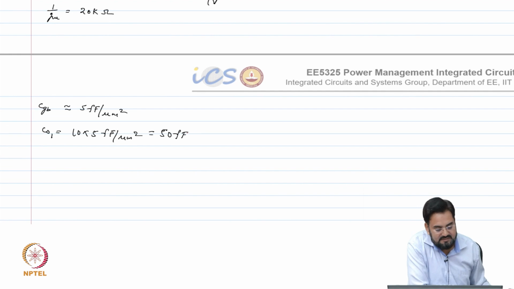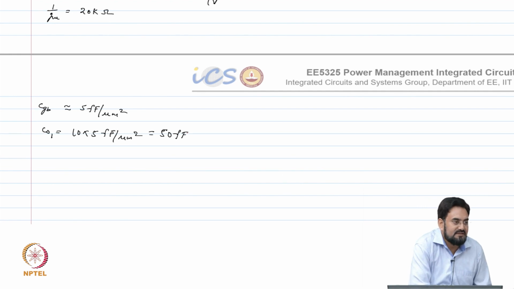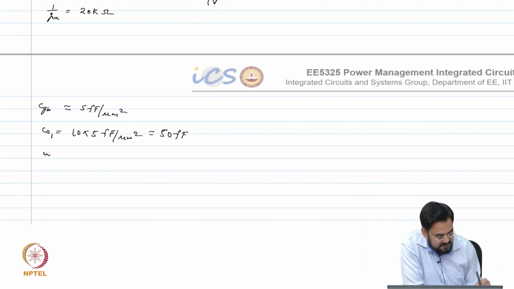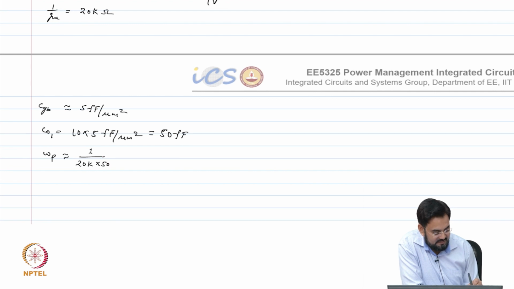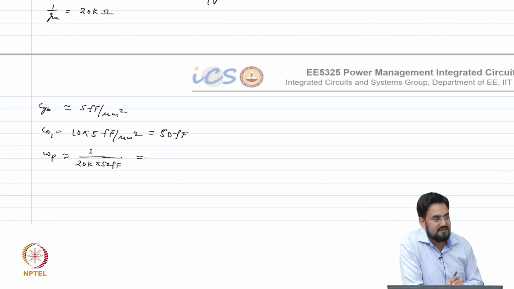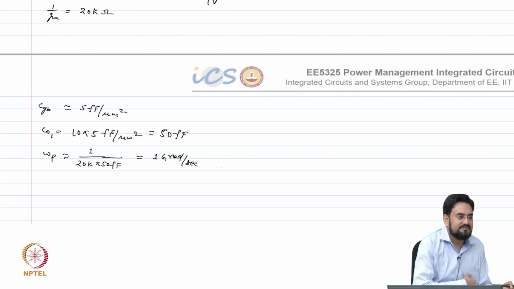So, 20K and 50 femtofarad, that will give you the pole. So, where is the pole? Omega P1 is approximately at 1 over 20K multiplied by 50 femtofarad. 1 giga radian per second, okay, which is very high.